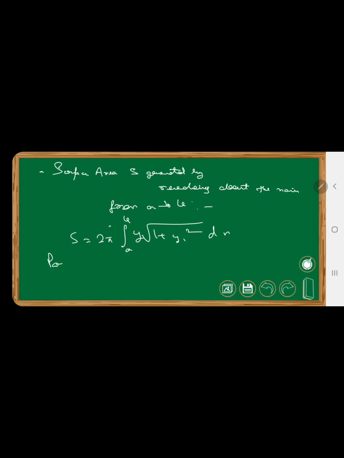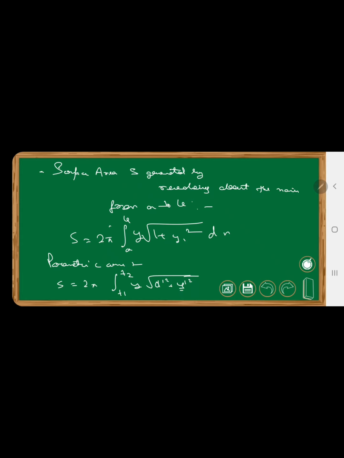If you have a parametric curve, then S equals 2 pi times the integration from t1 to t2, where you know the values of t1 and t2. t1 is the inverse image of a, and t2 is the inverse image of b with respect to t, and this becomes root of phi dash square plus psi dash square.